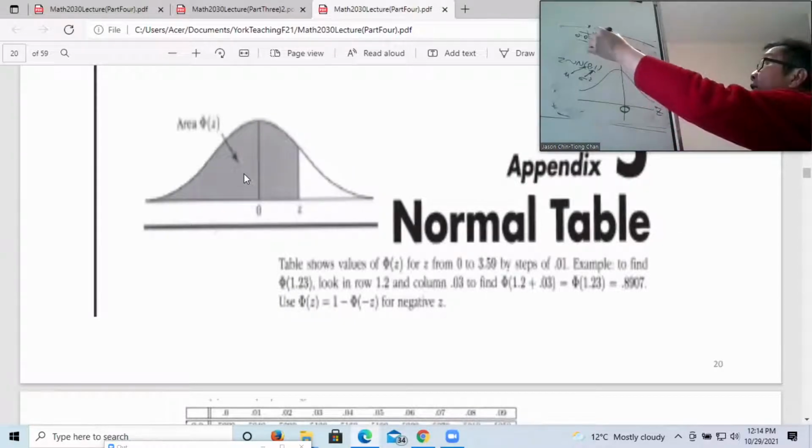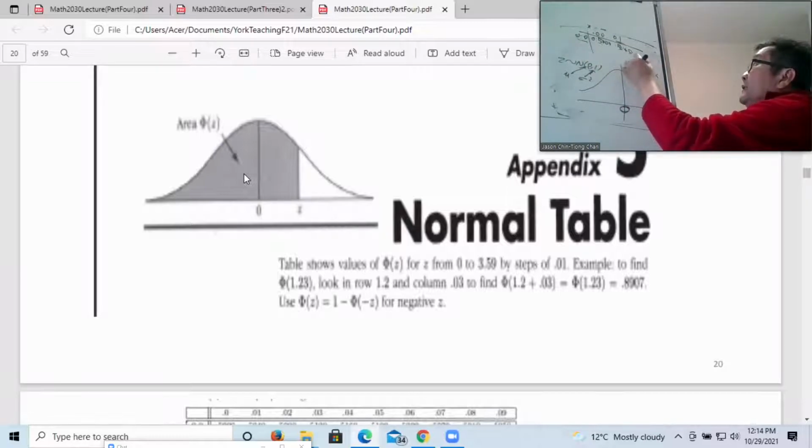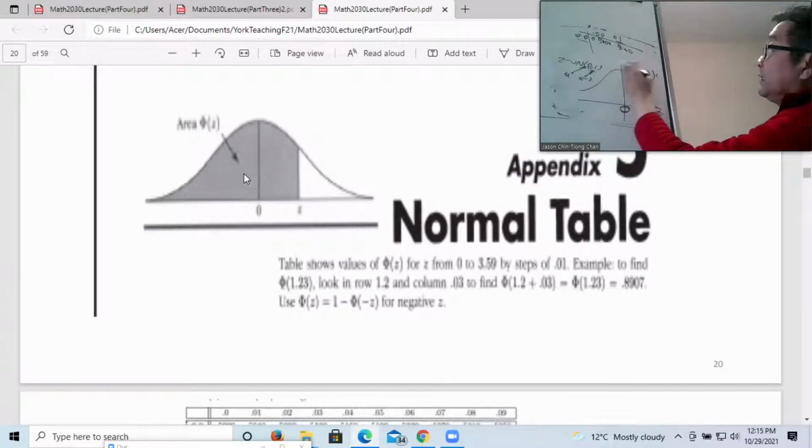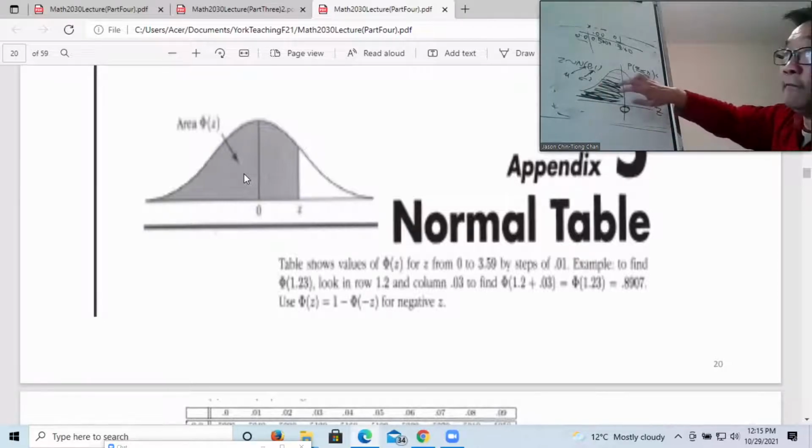That means if Z is less than or equal to 0, it moves to the left. So this part, what do you get? Is that 50%? Yes or no?